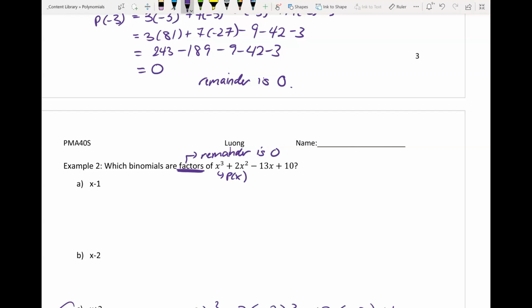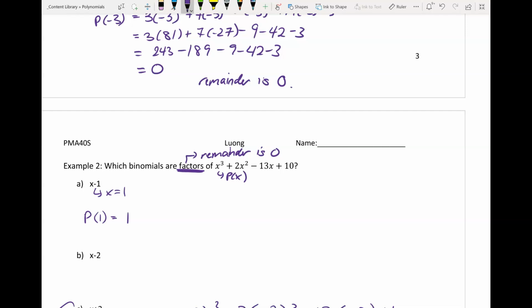So I'm going to call x cubed plus 2x squared minus 13x plus 10 our p of x. And I'm going to plug x equals 1 into p of x and see what remainder I get. If it is 0, then I know that x minus 1 is a factor of our polynomial. If I get any other number besides 0, then it is not a factor.